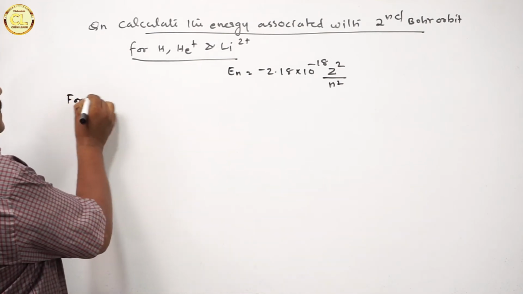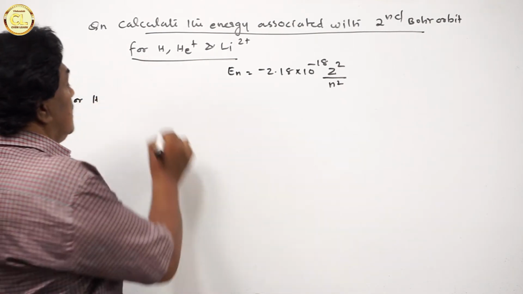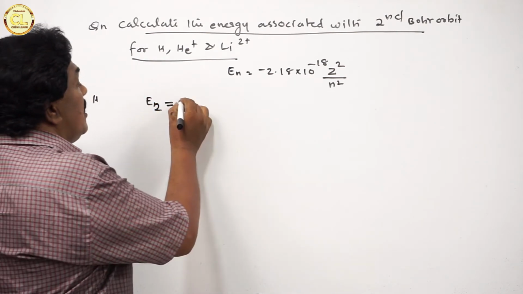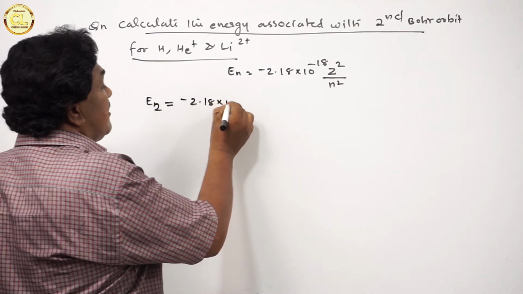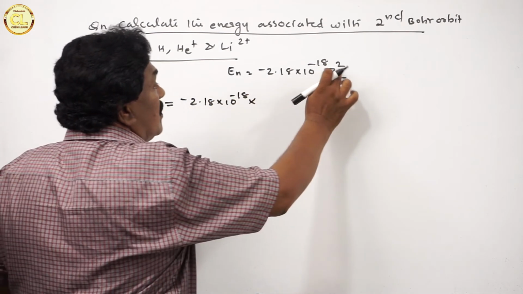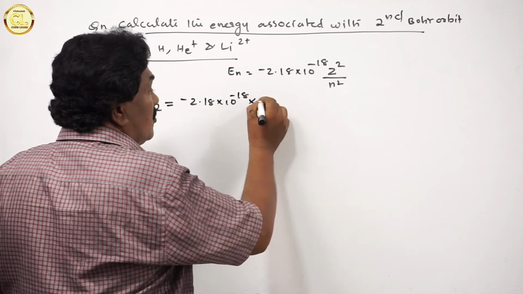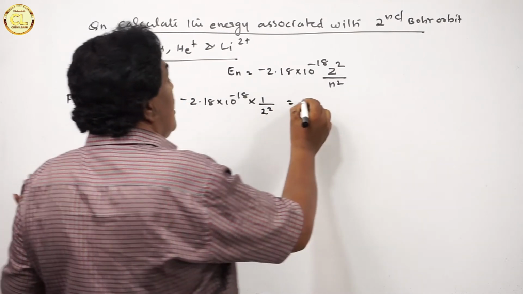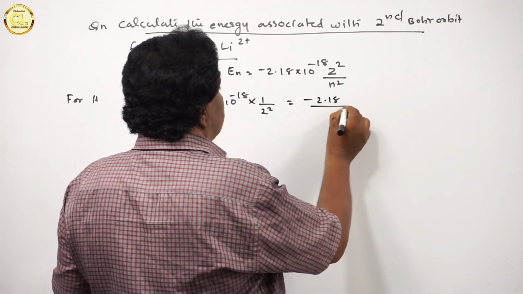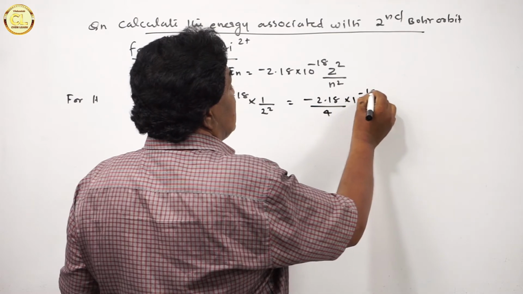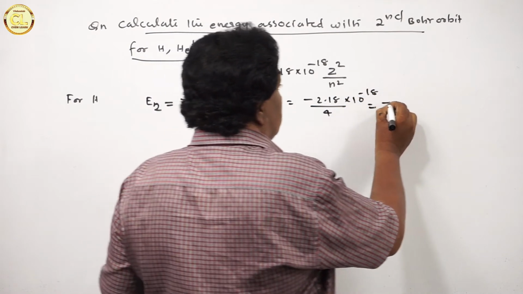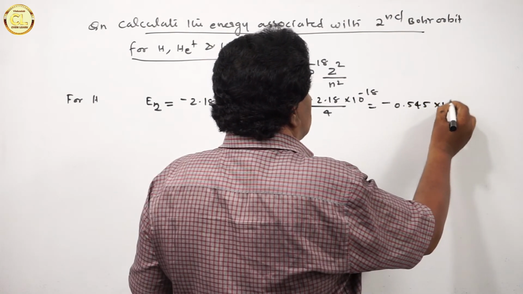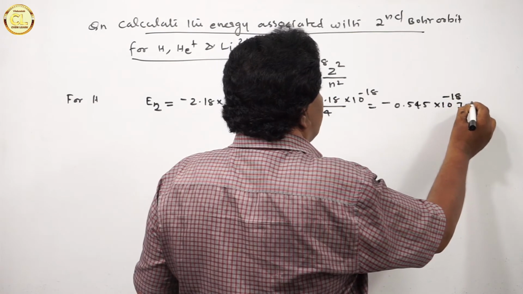For hydrogen, the energy of the second Bohr orbit is expressed as E2 is equal to minus 2.18 into 10 raised to minus 18 into Z is equal to 1 for hydrogen, so 1 by second Bohr orbit 2 square, that is equal to minus 2.18 divided by 4 into 10 raised to minus 18. That's equal to minus 0.545 into 10 raised to minus 18 joule per atom.